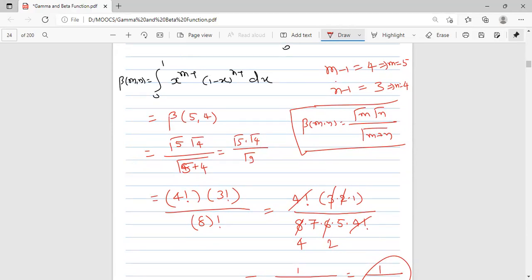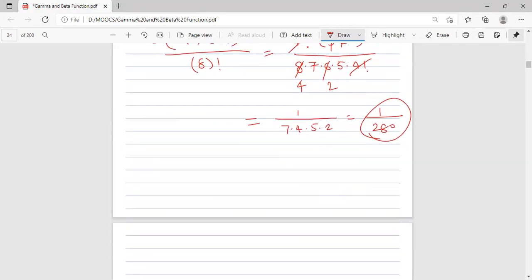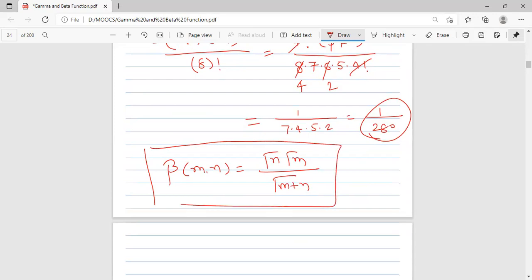Because we have a strong relation, beta m, n is equal to gamma m gamma n divided by gamma of m plus n. You can find this relation now. Solve this integration of beta function by converting into gamma function and we get it directly.